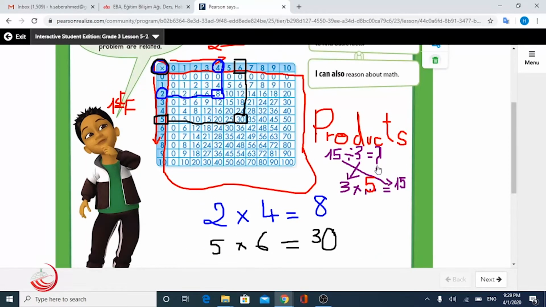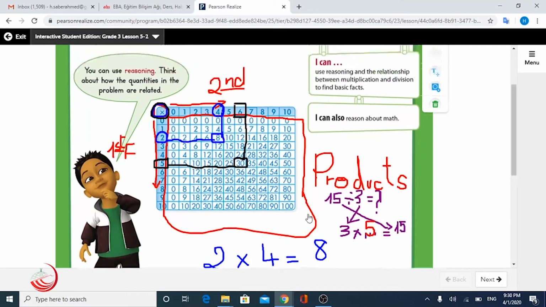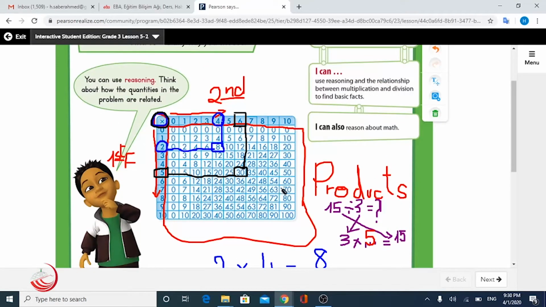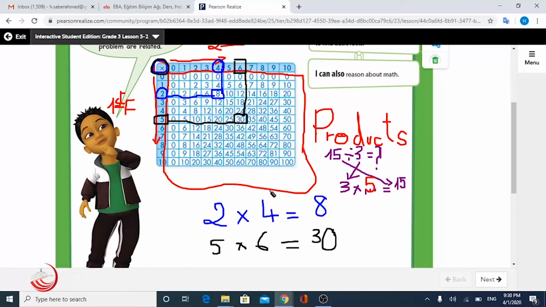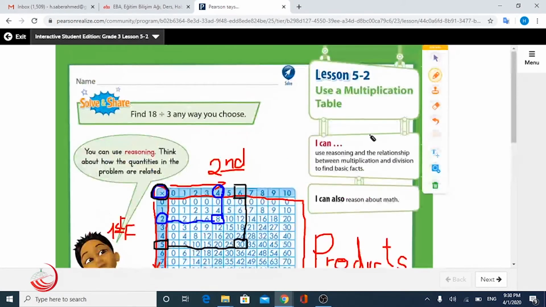Let's look at the multiplication table. Can I find 5 in the multiplication equation? Yes, definitely, I will. Okay, let's see that. Why don't we erase what we have done because it's going to be messy?